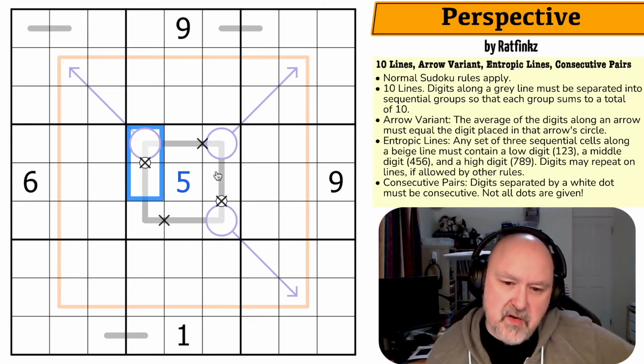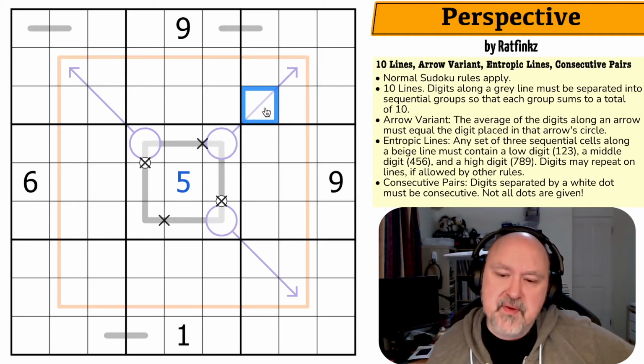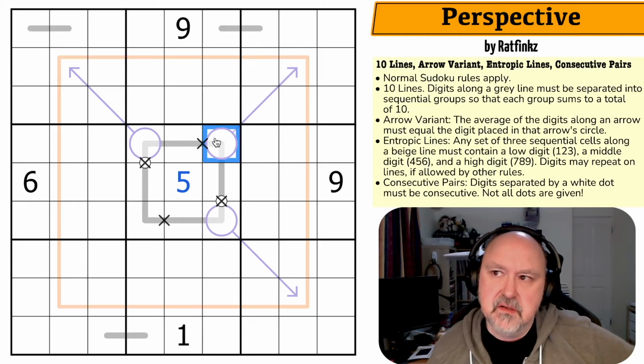But what do I know about these arrows? This can't be 1, 2 because this must have an even sum.